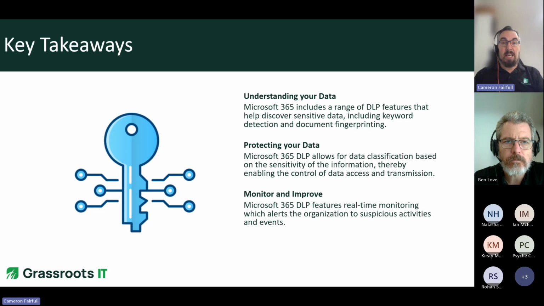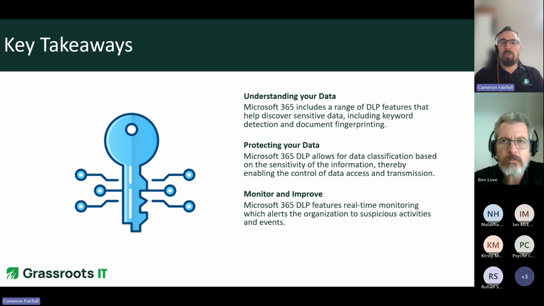And then the third thing is monitoring and improving once you have DLP enabled across your organization. So it's easy to go and turn a whole bunch of settings on and then think, yes, I've got DLP working and I'm fine. But you need to know what is happening with all of that data once you've got those policies enabled.